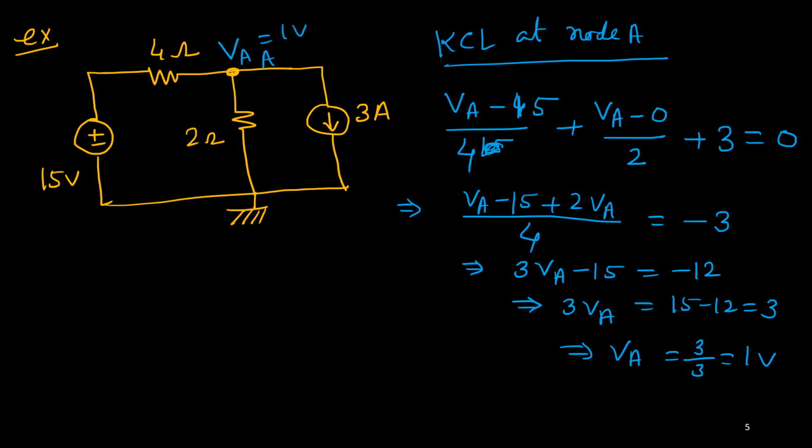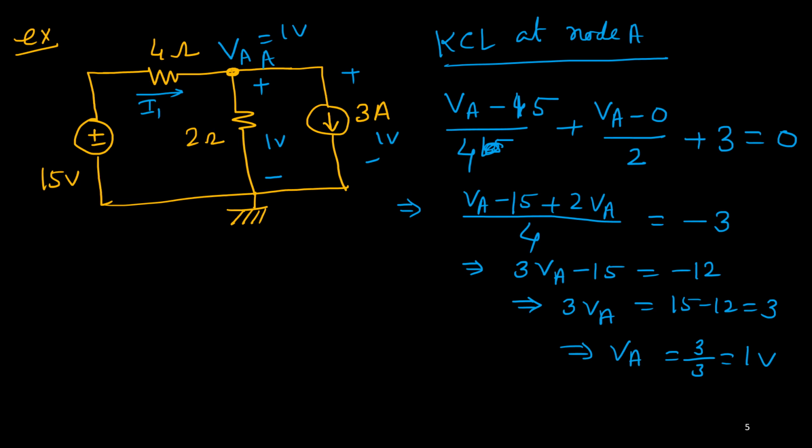So what is the current through this one? Suppose that current is I1. You see the potential across this element is 1 volt, and it is the same across this one. This is also 1 volt. So we need to find out this I1, then everything is fine.